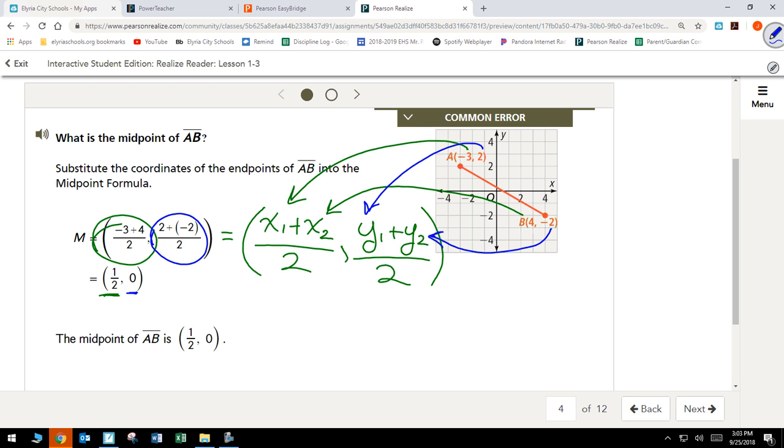Now, if you want to know whether or not you got the right point, given a figure like this, an easy enough check would just be plot this point. So if I plot 1/2, 0, that's going to be right there on my graph, which, from the looks of it, makes those 2 equal halves. So I'm reasonably confident that that is my midpoint.